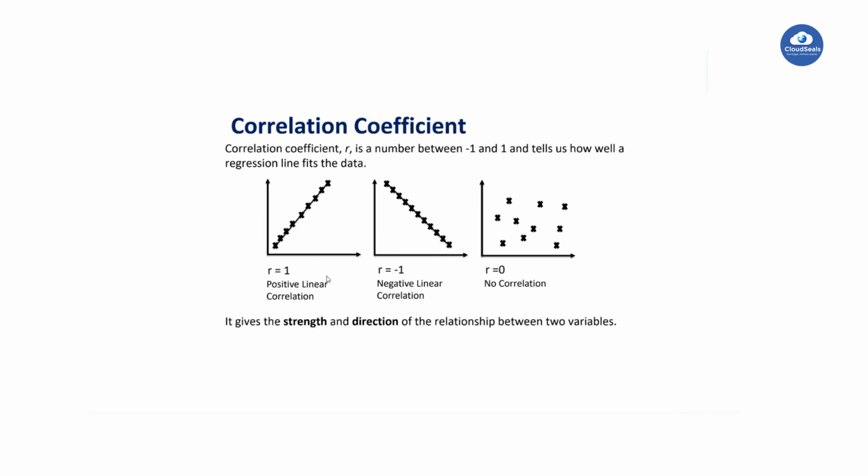If we want to build a linear regression model, we have two assumptions. The first assumption is that there is some relationship between the independent variable and the dependent variable. The second is that there is linearity in the data. So before building linear regression, we need to know about these things.